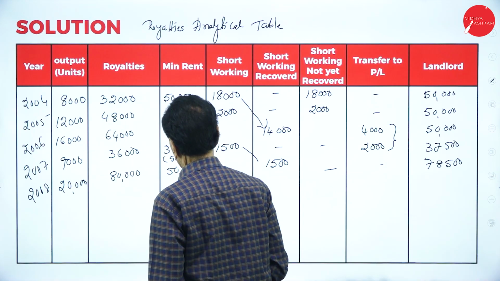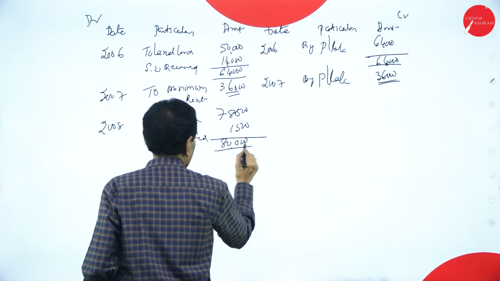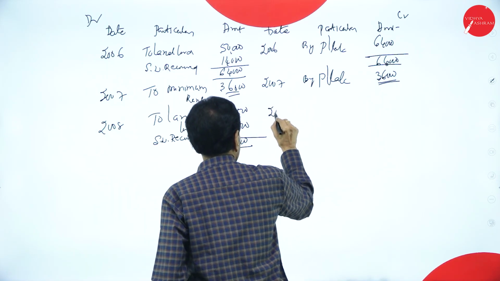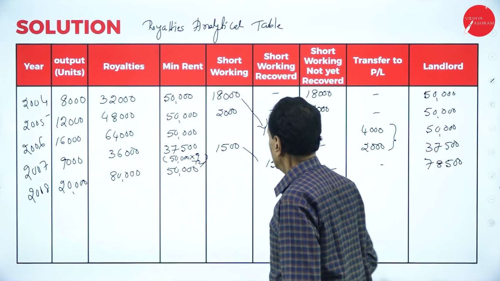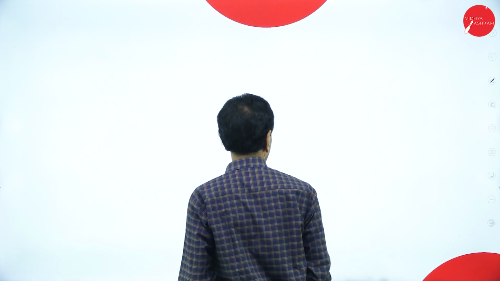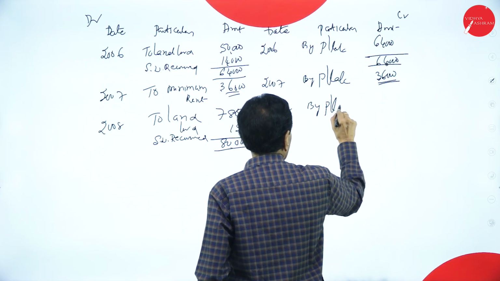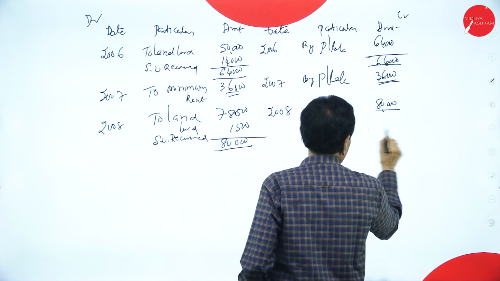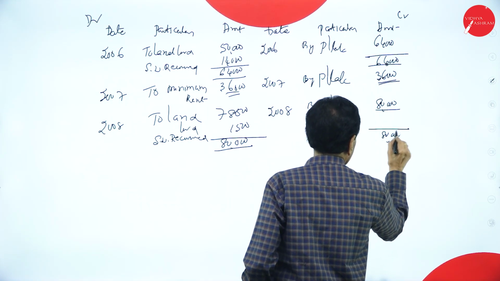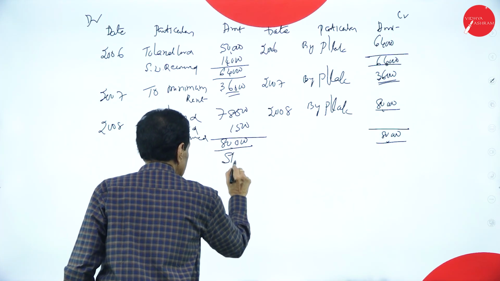It becomes 80,000. 2008. What's your royalty of that year? 80,000. Transfer to P&L account, 80,000. So, short working account.